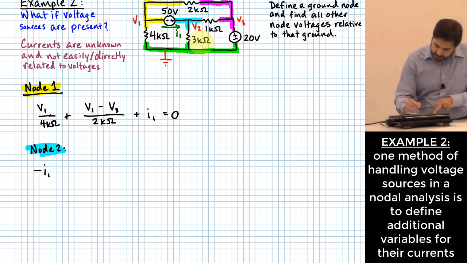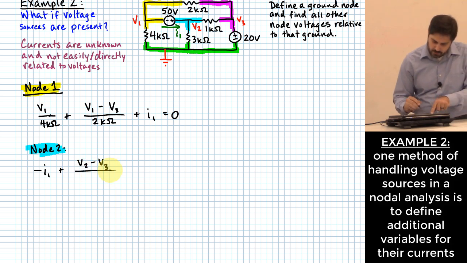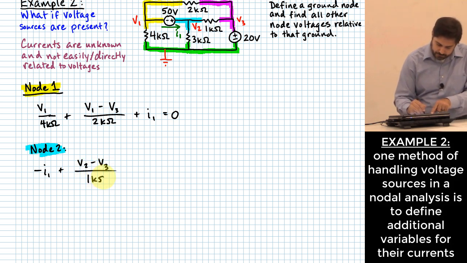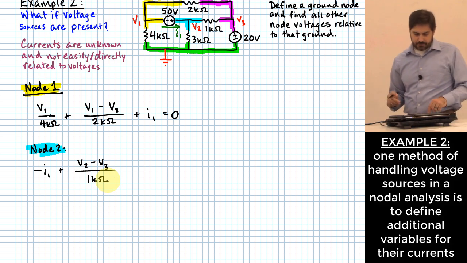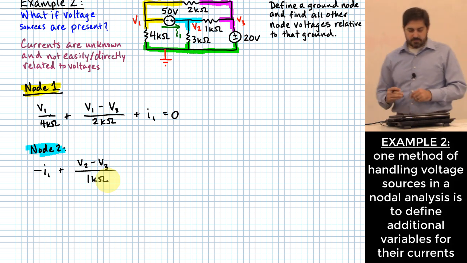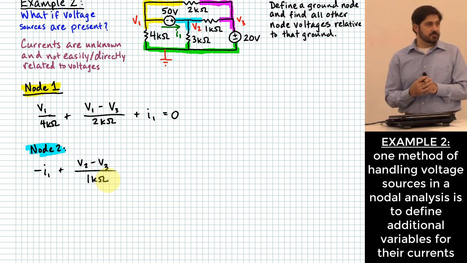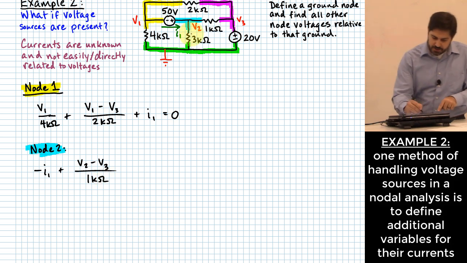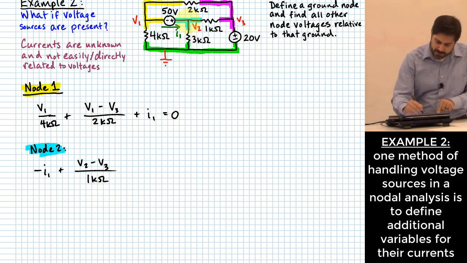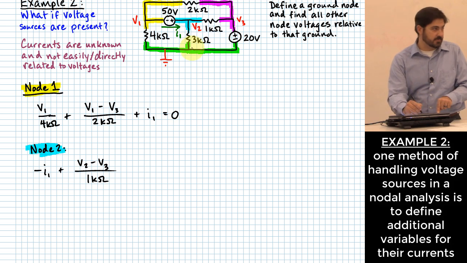Okay? I have V2 minus V3 over 1 kiloohm. Any other paths? Okay, I have V2 over 3 kiloohms for the path coming from the blue down to the green.